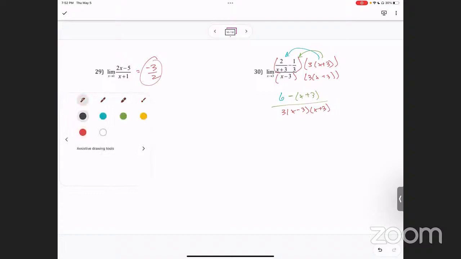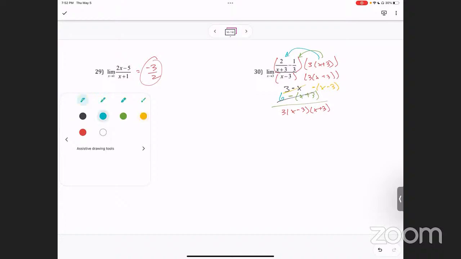And then this simplifies to what? Negative x minus 3. Yeah, or 3 minus x, which also simplifies to what? Negative, parentheses, x minus 3. Nope, just switch them. It's still a minus. Just switch them. Oh, right, because it's positive 3. Okay. Yeah.